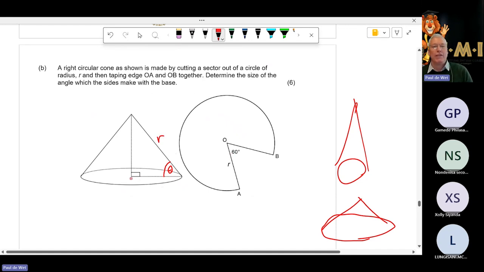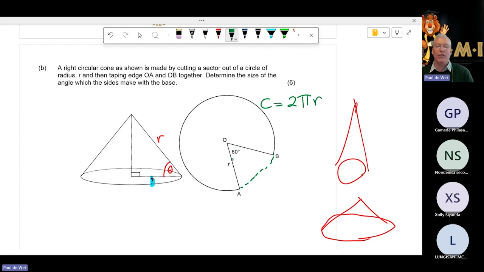Do you agree that if we knew this side here, then we could work out the angle using cos, adjacent over hypotenuse? Now, what about the circumference of the whole circle? It is 2 pi times radius, but we've taken out a portion.